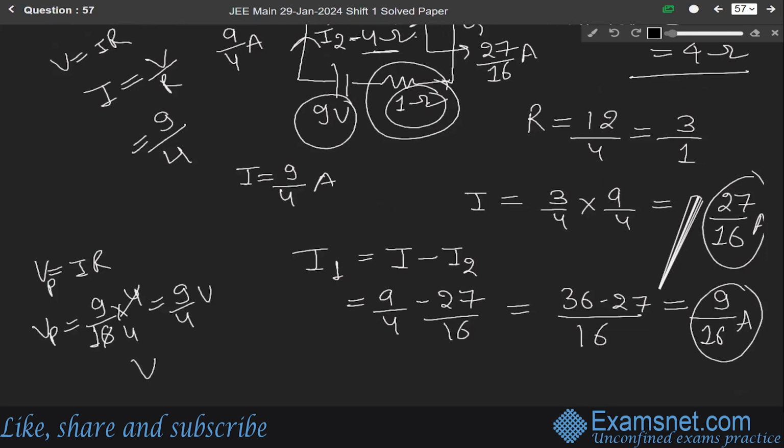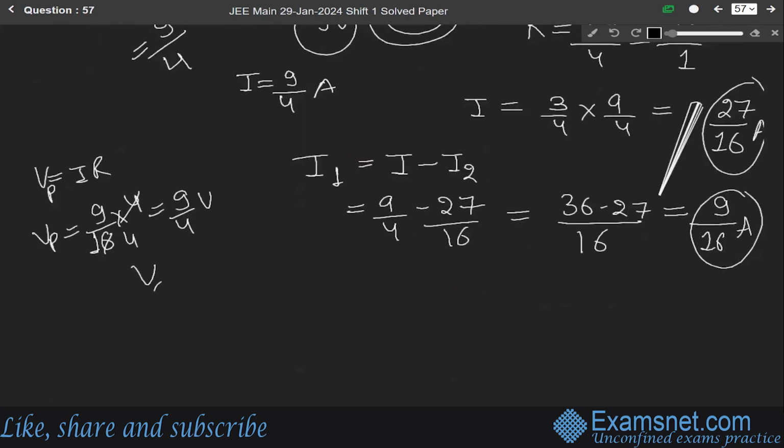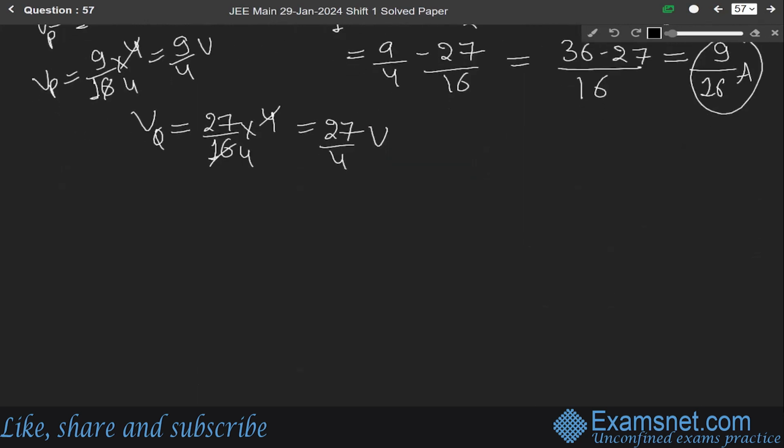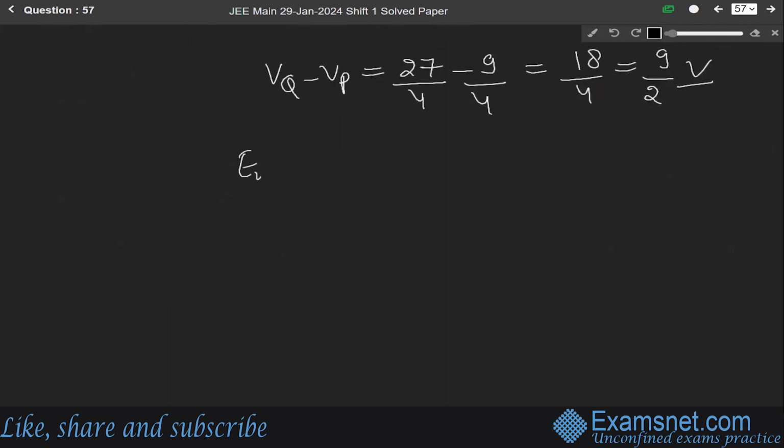And VQ, the potential at this point Q, will be 27/16 into 4, so it will be 27/4 volt. Now the potential difference is VQ minus VP, which is 27/4 minus 9/4, which means 18/4, or 9/2 volt.